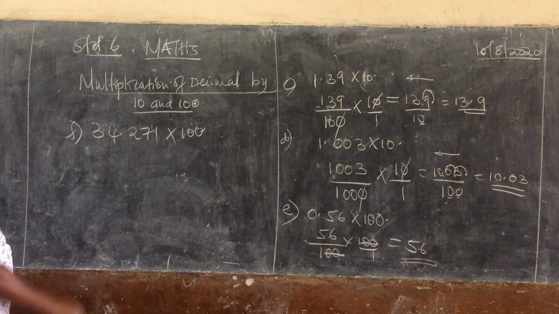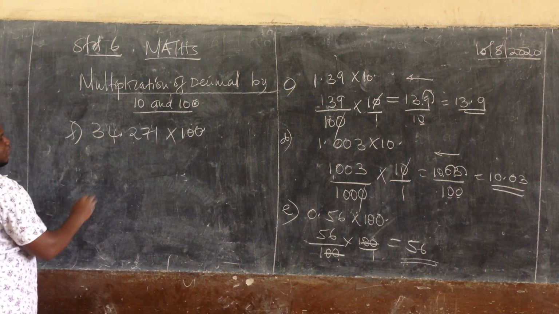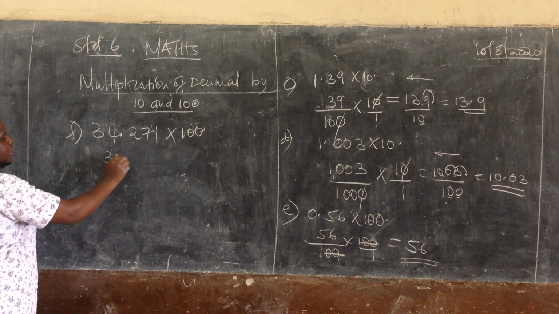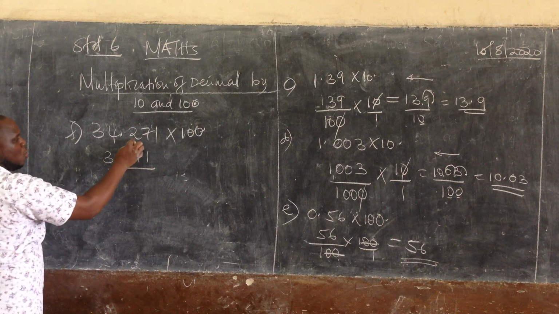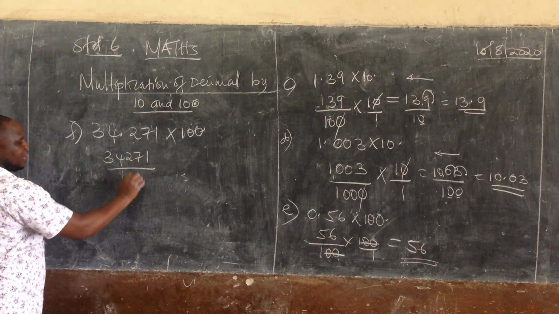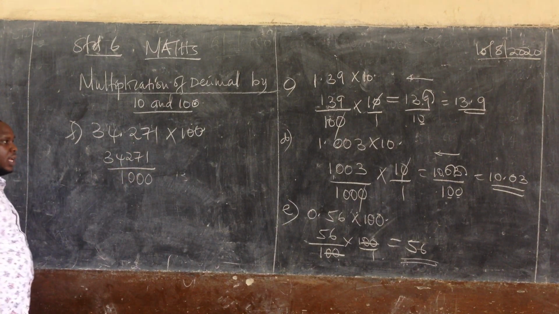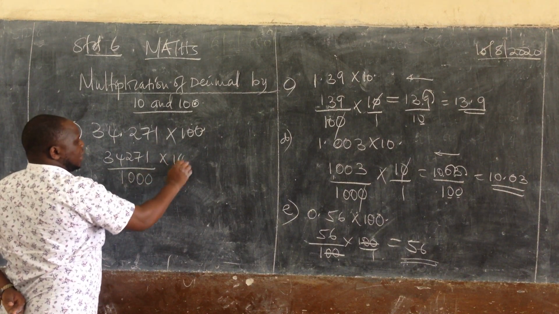So this is going to be 34271 over, count the number of decimal places, 1, 2, 3. So over a number with 3 zeros, that is 1000, and then times 100.